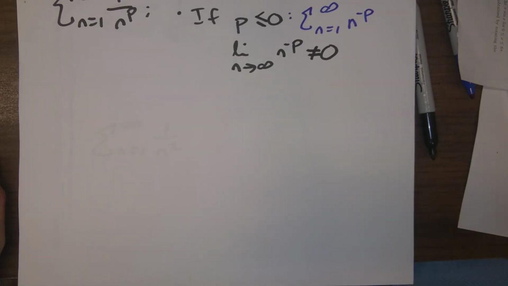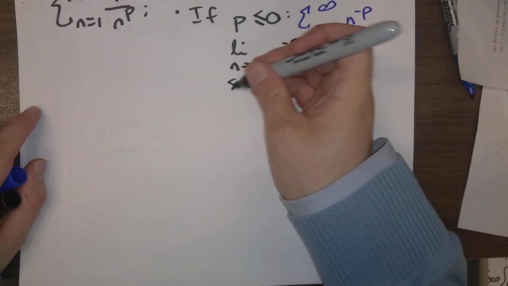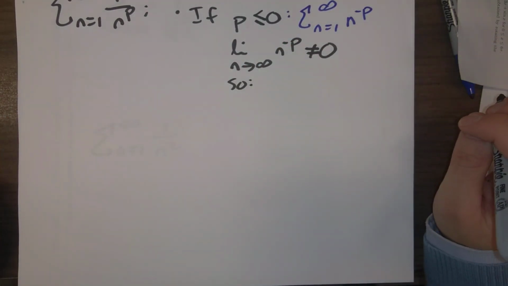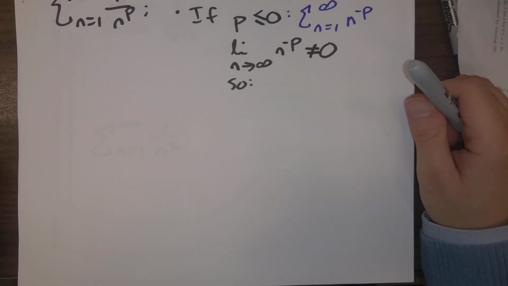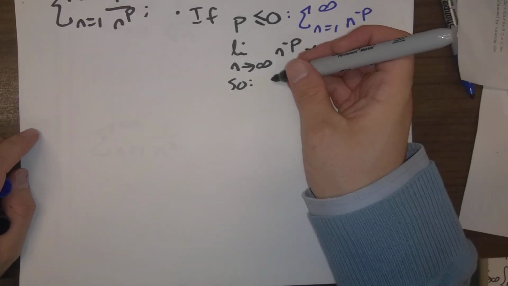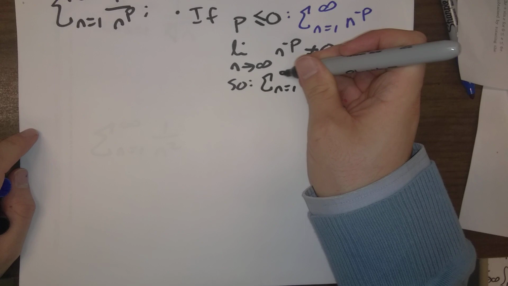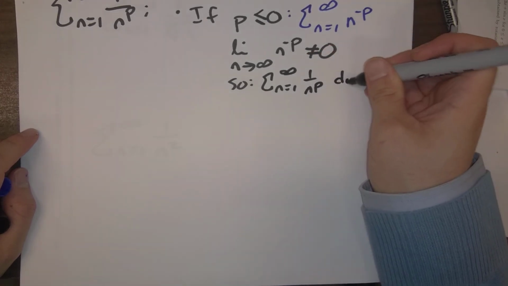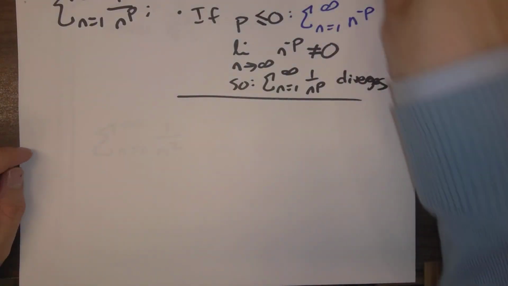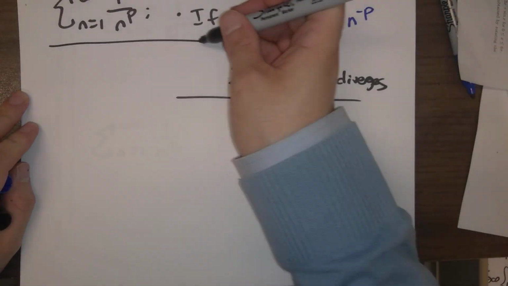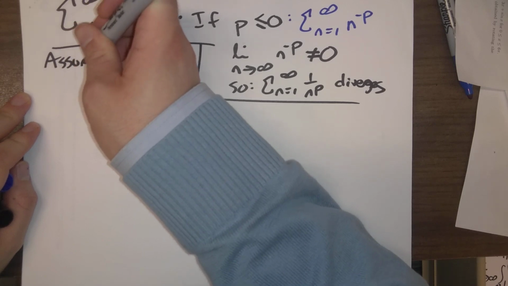It's either equal to 1 if p is exactly equal to 0, or it's infinity otherwise. And so we already know from last section, if the limit as n goes to infinity of a sub n is not equal to 0, then the overall sum diverges.